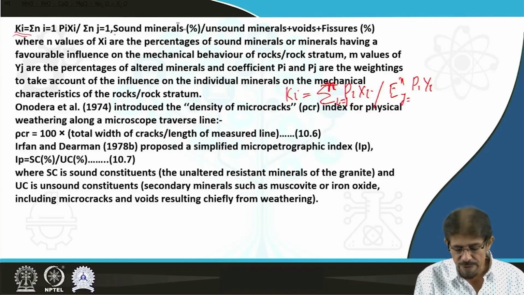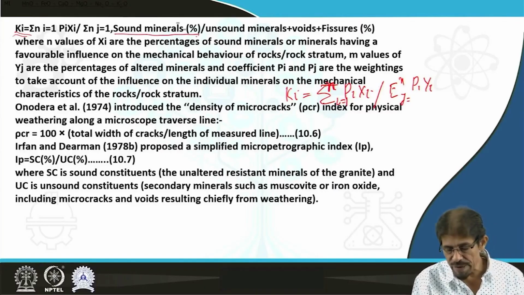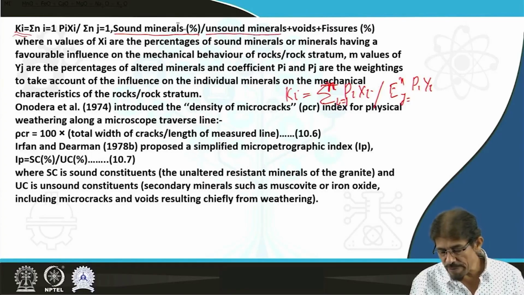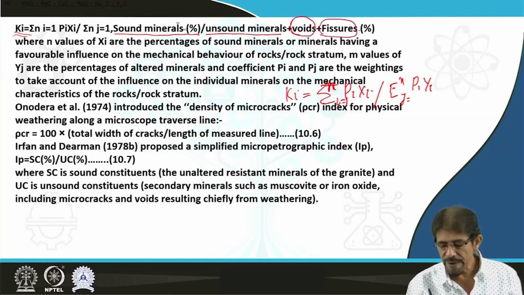It is simply the ratio of sound mineral in percentage divided by unsound mineral along with the voids or pores and the fissures present, in percentage.